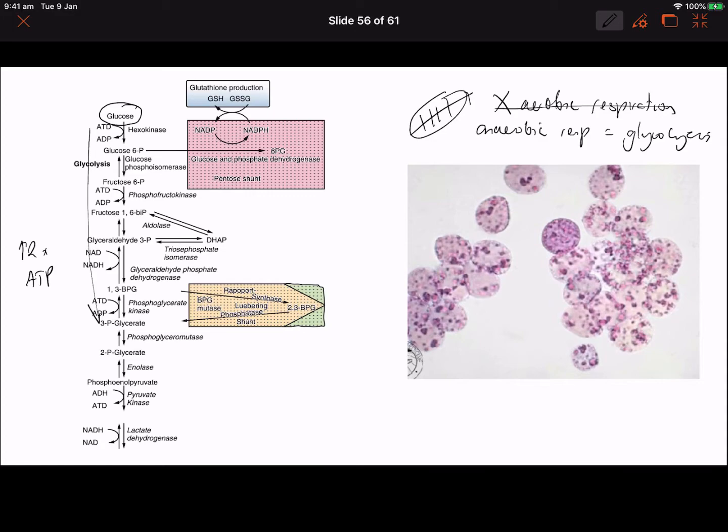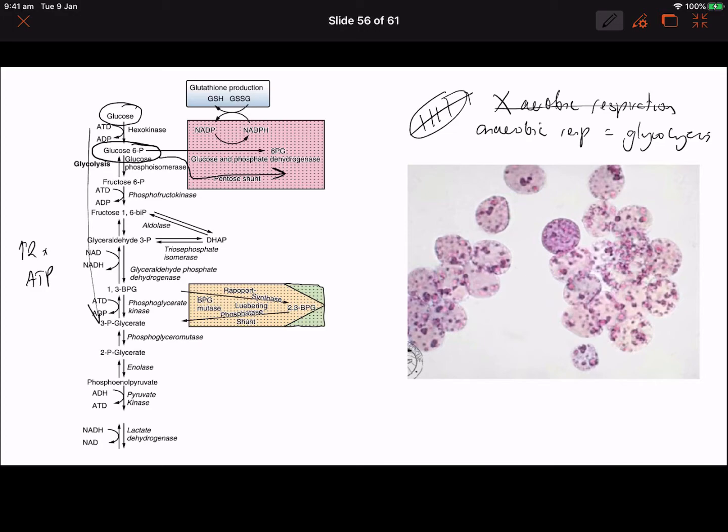Also, one of the fundamental things that happens in red cells is that at the level where the glucose has been phosphorylated using something called a hexokinase, we create glucose 6-phosphate, and that can be shunted through what we call the pentose phosphate shunt to produce other sugars.